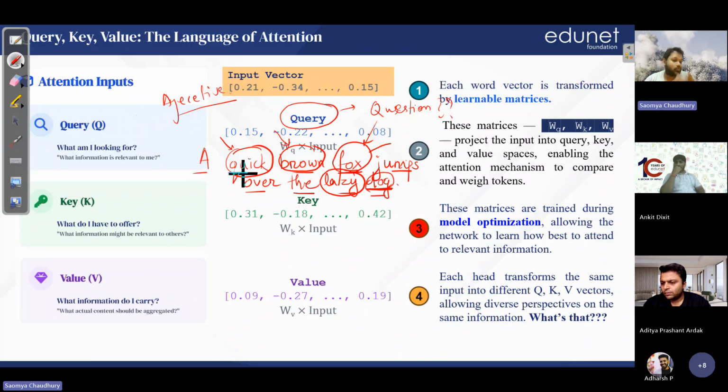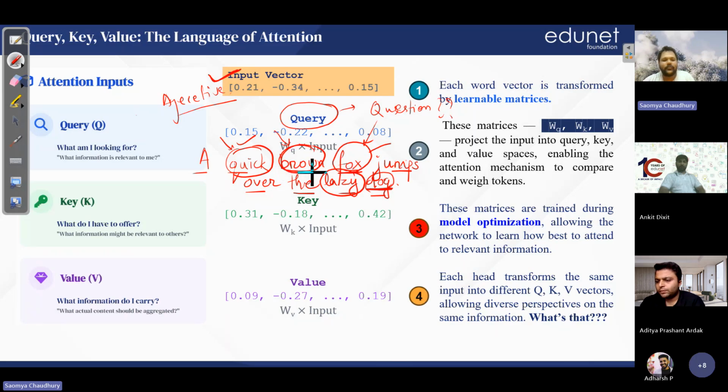It asks the question, is quick an adjective? Yes. So for that adjective matrix, quick will have more importance. Do you get it? From that adjective perspective, quick will have more weight than the letter A.